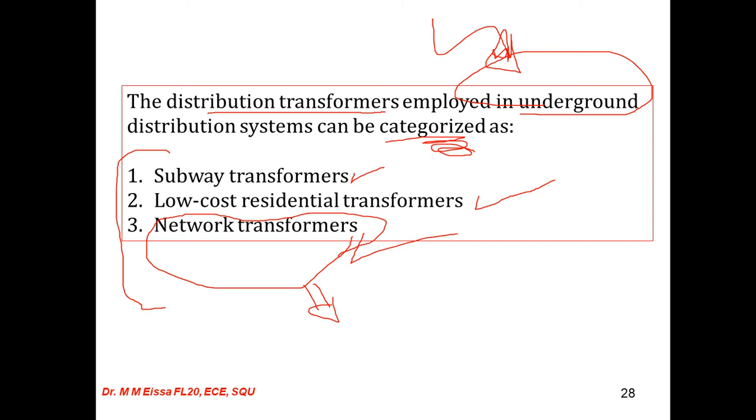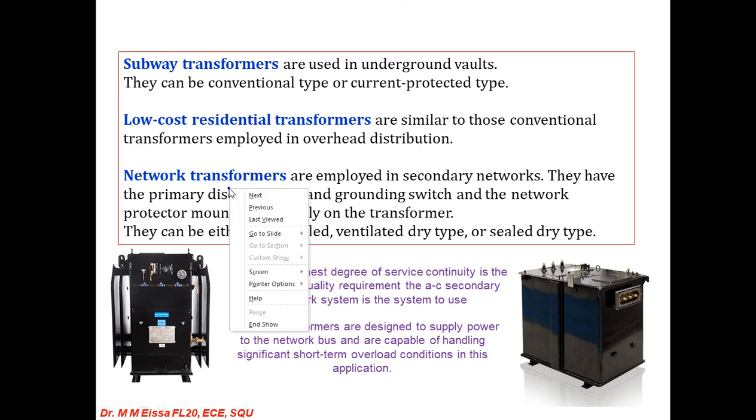So we have many different kinds of distribution transformers, and you should be familiar with the questions we can ask for underground, for overhead, for the cooling, and so on. As you mentioned, we have the subway, the low-cost residential transformer, and the network transformer.